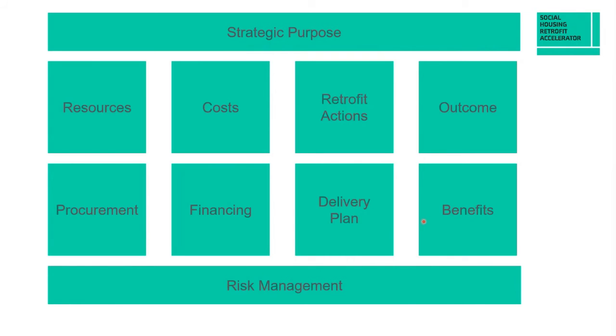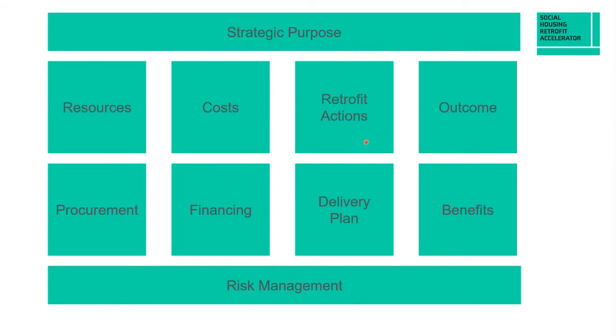And the benefits. If we deliver the project, what will be the benefits and who benefits? Who's the receiver of the benefits? If we deliver the project, we will develop our capability for large-scale upgrades, improve the quality of our stock, cut maintenance costs, and improve tenant satisfaction. And then the actions that you're going to take. What steps are you going to take to deliver the outcome and benefits?